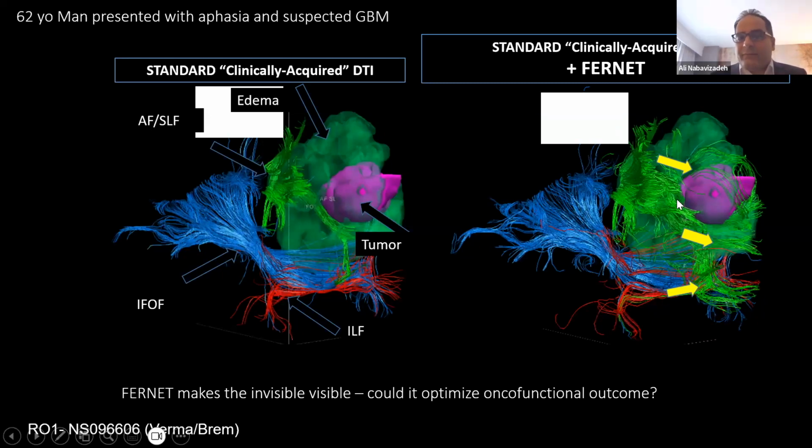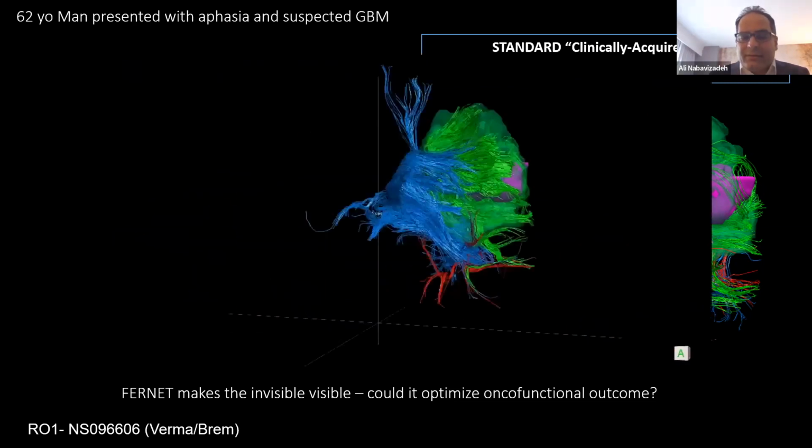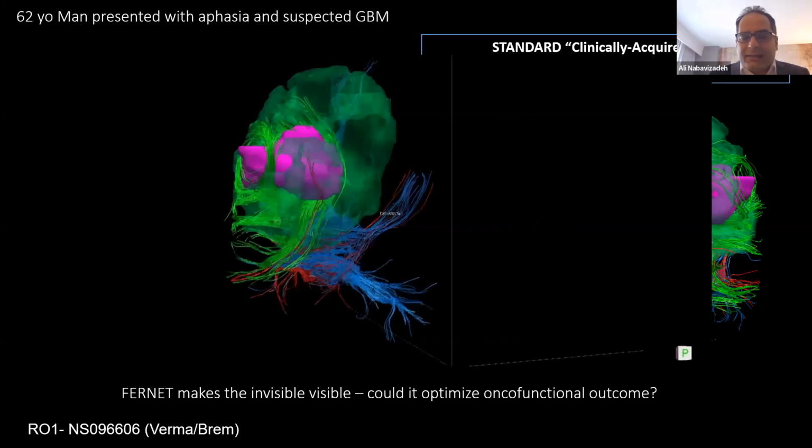But by doing the FERNET, you can see many new fibers surrounding the tumor. This technique would allow us to see the invisible fibers on a standard acquired DTI. That can be very helpful, and this is an area of active research at Penn.